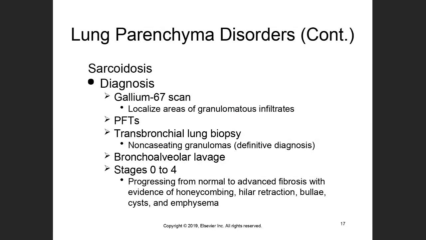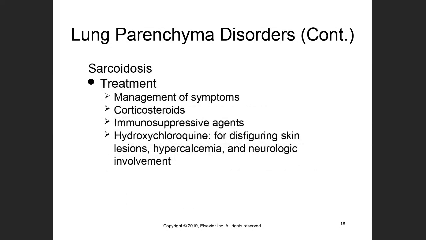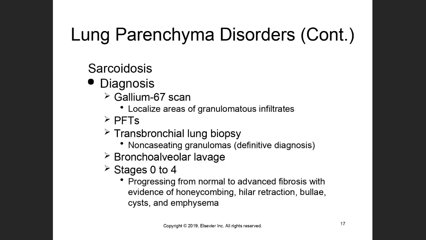Diagnosis tests. Okay, they have gallium, bronchial. Oh my God, they didn't put the main one. Okay, the main thing that you do to diagnose sarcoidosis is an X-ray, and in the X-ray you are going to see bilateral hilar lymphadenopathy.